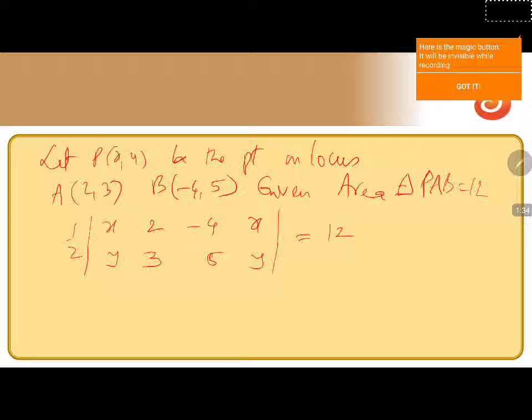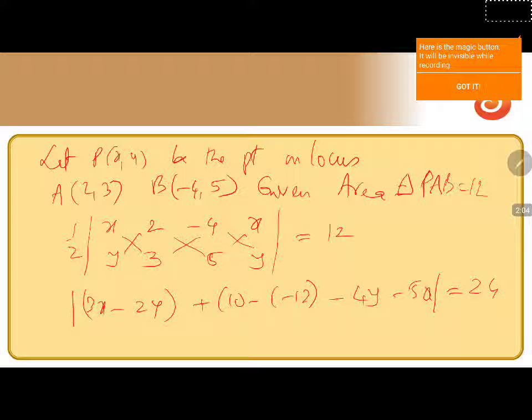So when I cross multiply the 2 to the other side and calculate the determinants, I get 3x minus 2y plus 10 minus of minus 12, minus 4y minus 5x is equal to 24.